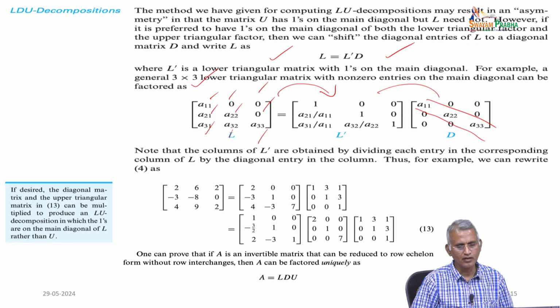Note that the columns of L dash are obtained by dividing each entry in the corresponding column of L by the diagonal entry in that column.